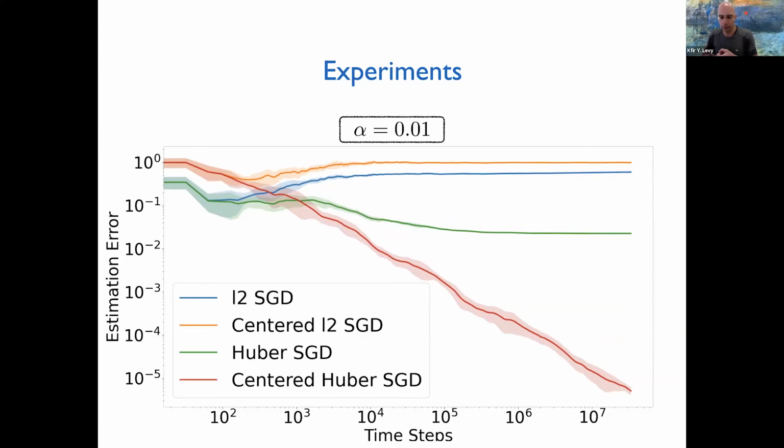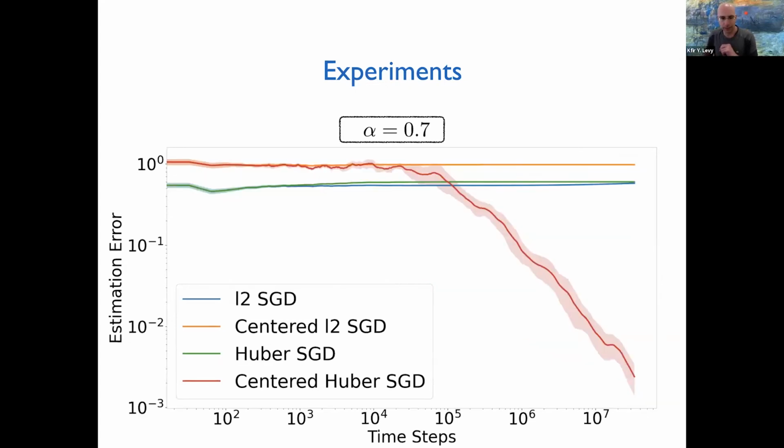Both using the Huber loss and centering the features are necessary to ensure convergence. The same behavior persisted when we allowed the adversary to contaminate 70% of the data. Again, eventually our algorithm converges, but all the other versions do not show any convergence.